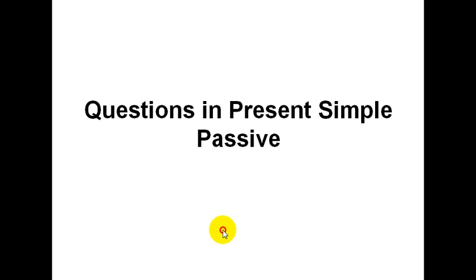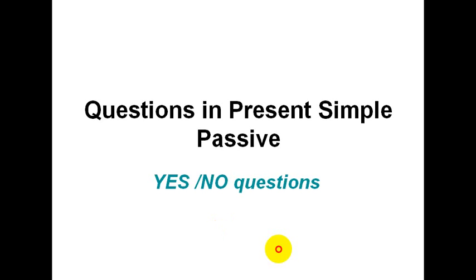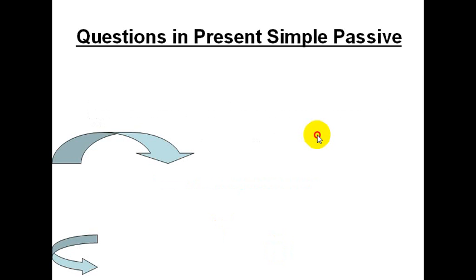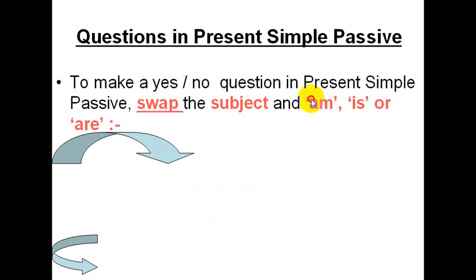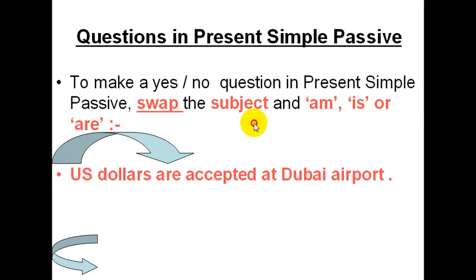Moving on to questions in present simple passive. Yes, no question. To make a yes no question in present simple passive, swap the subject and am, is, or are. Let us see the example. US dollars are accepted at Dubai airport.